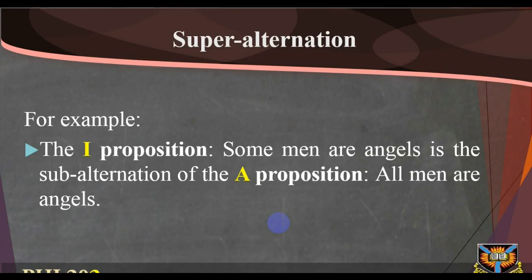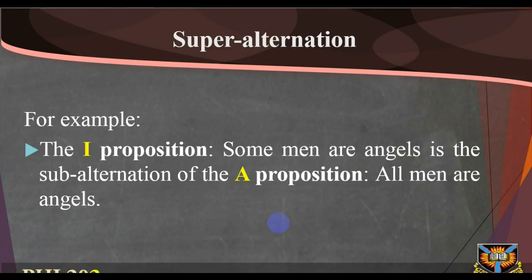This is because I and O propositions are subcontraries. They cannot both be false, but might both be true. While I and E propositions are contradictories. When one is true, the other will be false and vice versa.